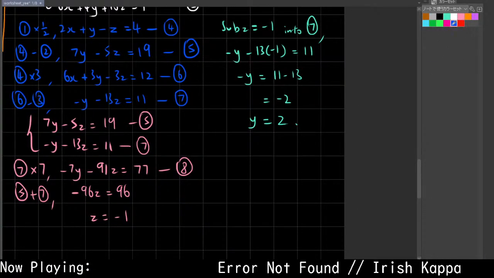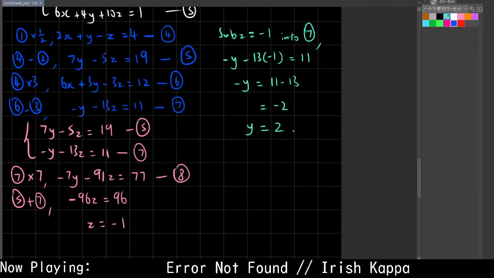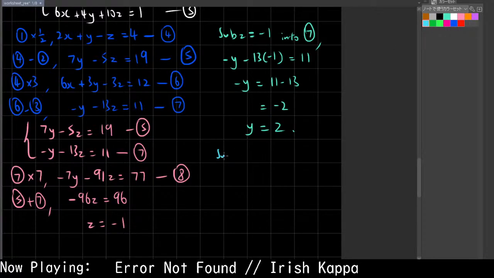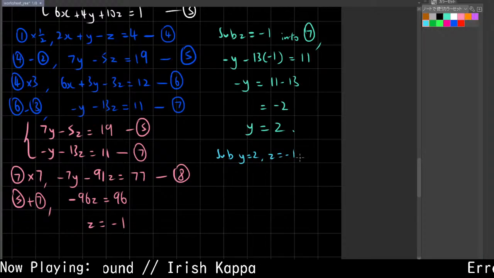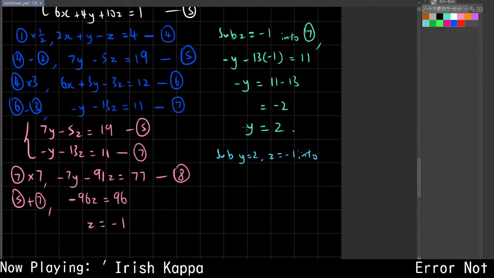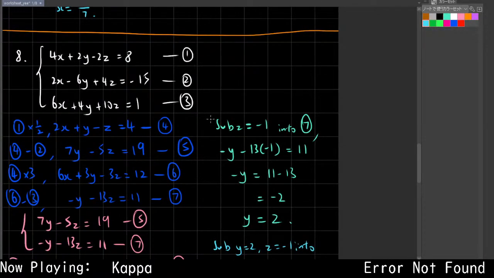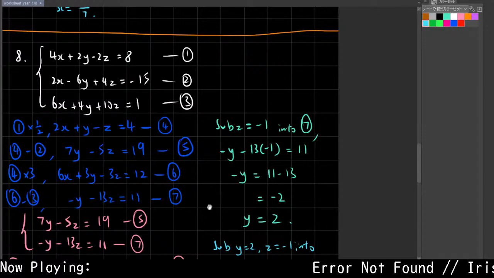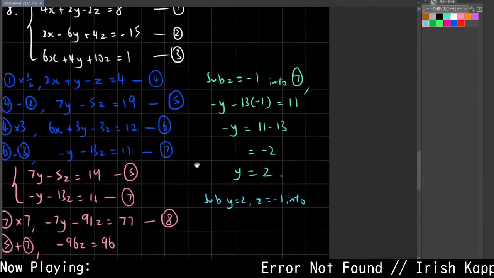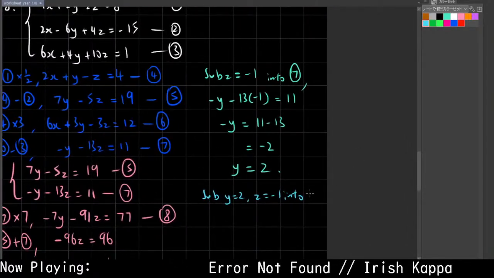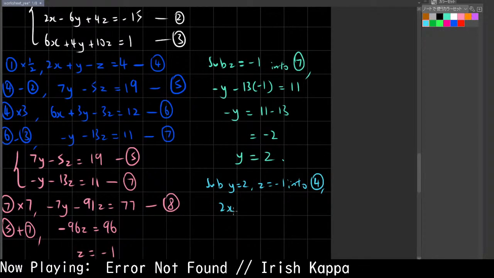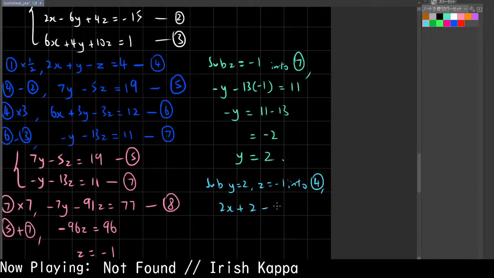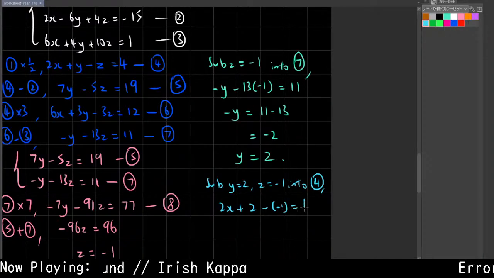At the end, y equals to 2, z equals to -1 into whatever equation. Let's say at the start, let's say equation 4 for example. Yes, you can, by the way, as long as it has all 3 unknowns, you can. So 2x plus 2 minus -1 equals to 4.